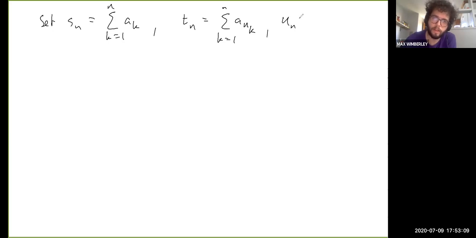And let U_n be, let's use j for this one, not that it matters what letter you use for the indexing, the nth partial sum of the negative terms.